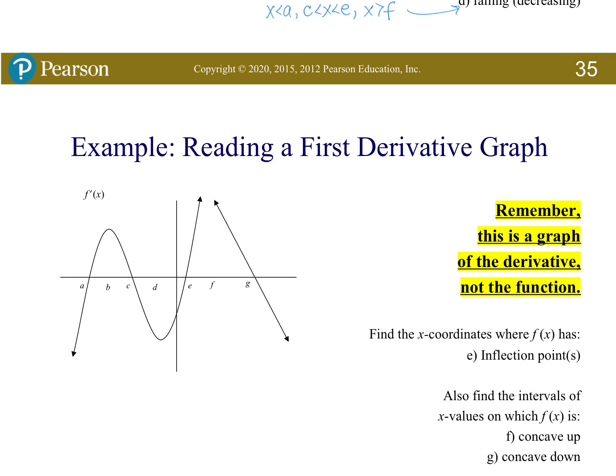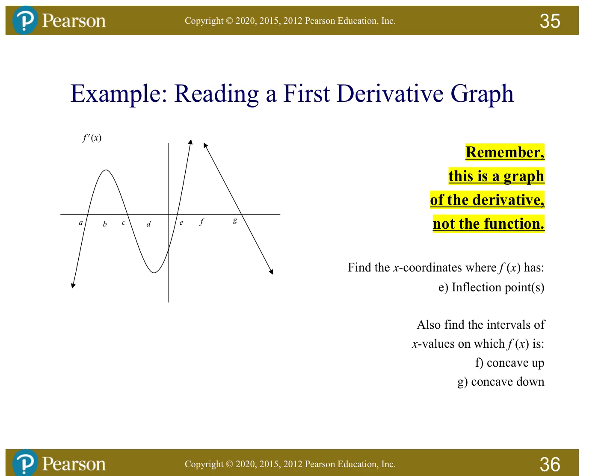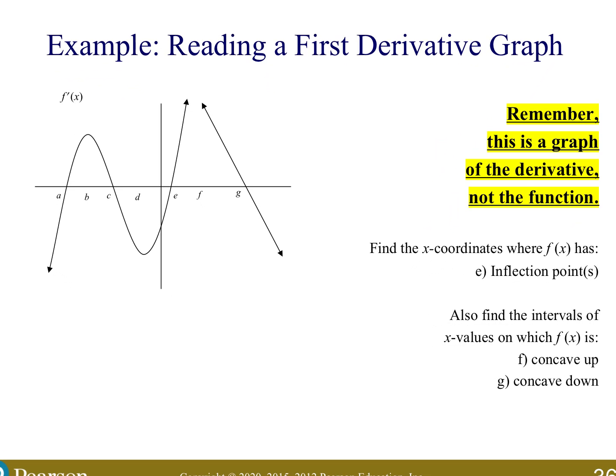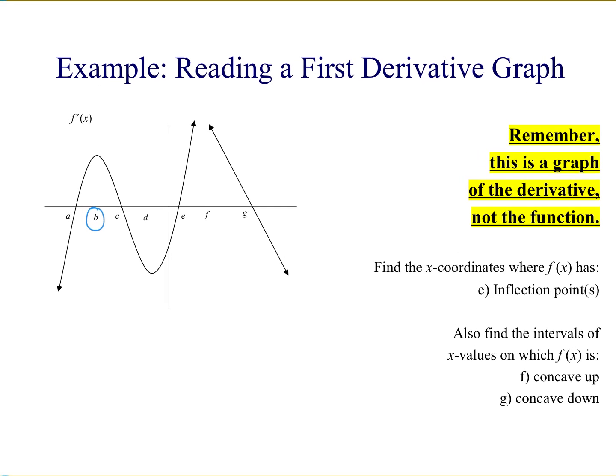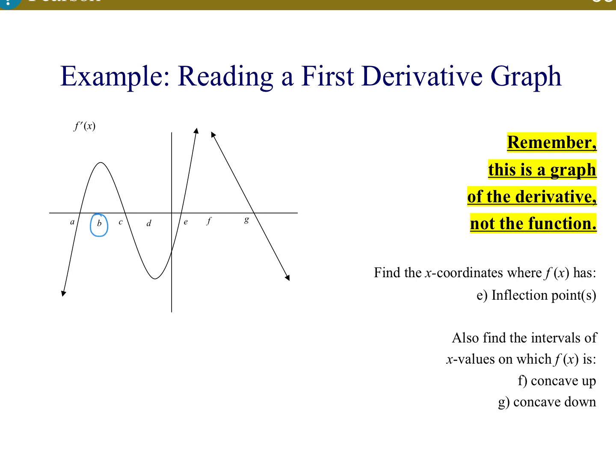All right, last. How do we find the inflection points? The inflection point is anywhere that the slope of the derivative graph changes direction. So that is going to be happening at B. It's going to be happening at D. And now it also will be happening at F. We do have a complete change of direction at those three spots.